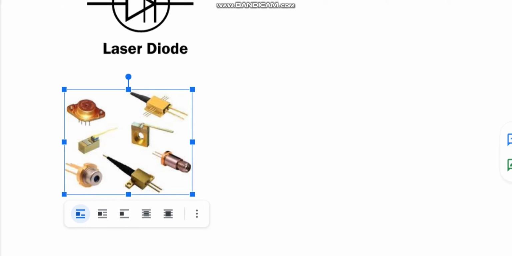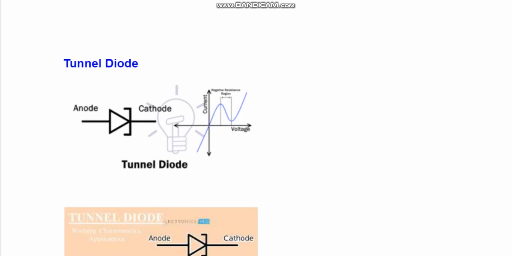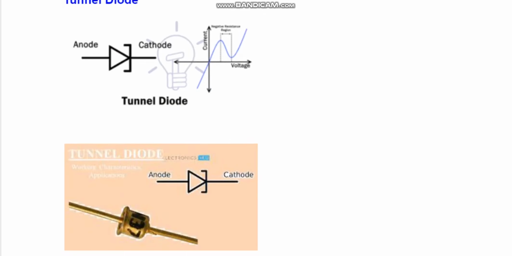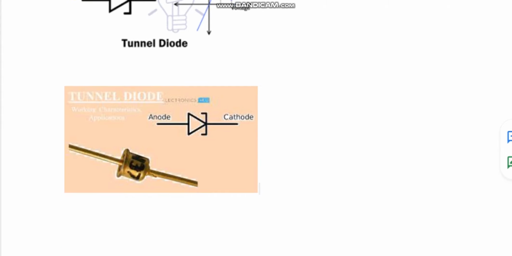Tunnel diode. A tunnel diode is a heavily doped PN junction diode. Due to heavy doping concentration, the junction barrier becomes very thin. This allows the electrons to easily escape through the barrier. This phenomenon is known as the tunneling effect. The tunnel diode has a region in its VI curve where the current decreases as the voltage increases.